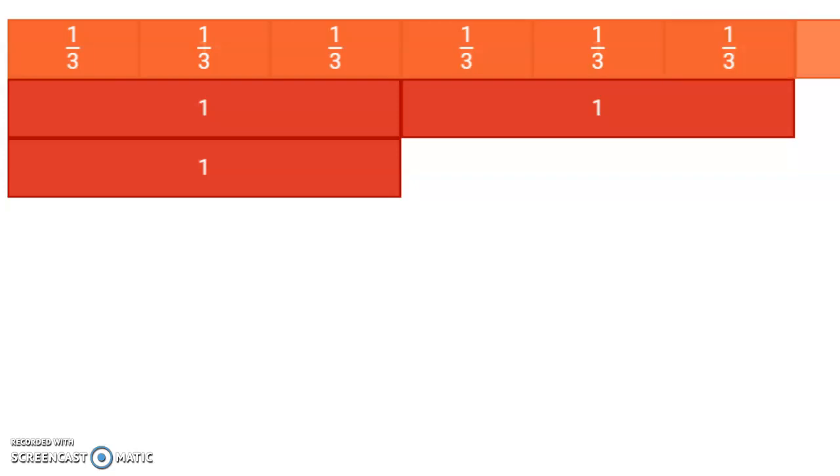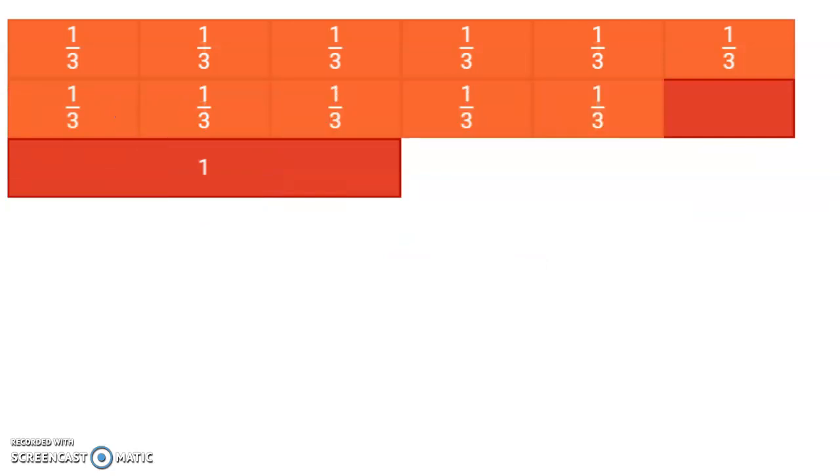So now we want to take our thirds and we want to go 1, 2, 3, 4, 5, 6, 7, 8, 9, 10, 11, 12, 13, 14, 15. So we can now see that 5 wholes, when we divide it into equal parts of thirds, is actually going to give us 15 thirds.